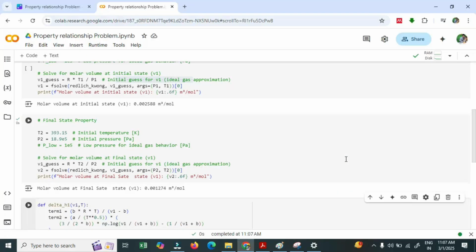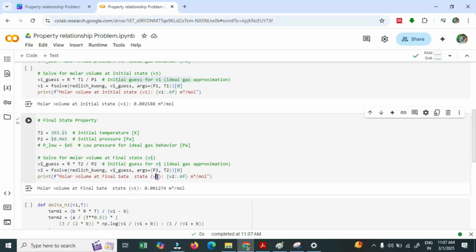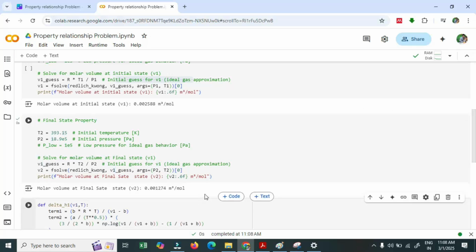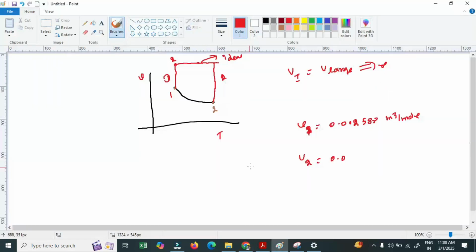Once I determine V1 and V2, the next thing is we need to substitute the lower and upper limit here. For that I also wrote the code here. Just look here.